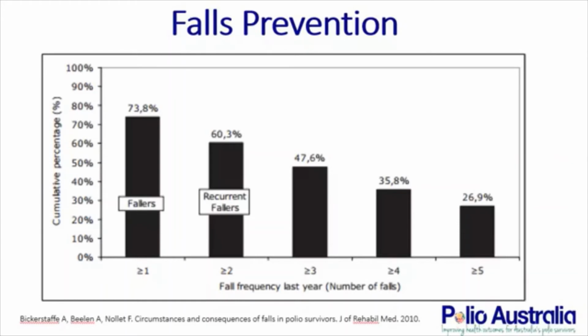They found that polio survivors fall 4 times as much as matched community adults. Most polio survivors had a fall injury in the year leading up to the study. And usually these falls will happen in the afternoon, during walking, and in a familiar environment.